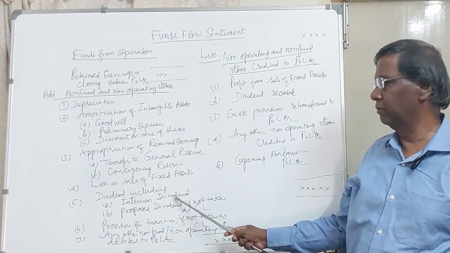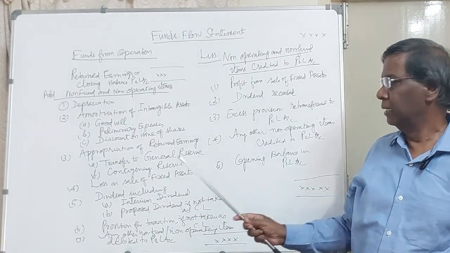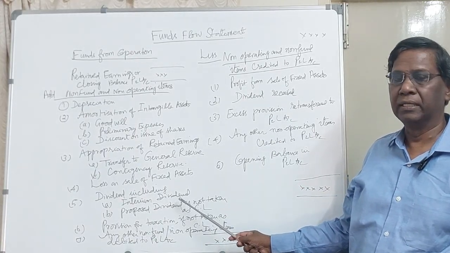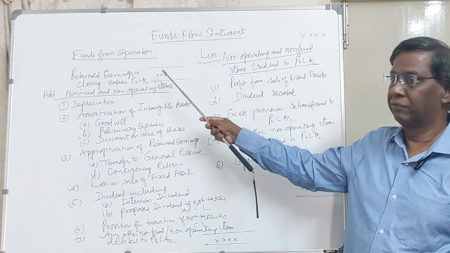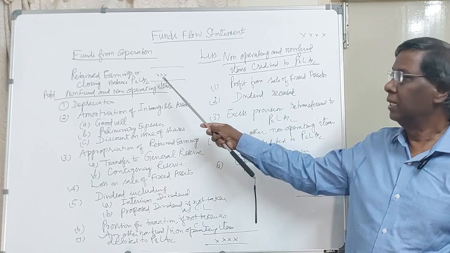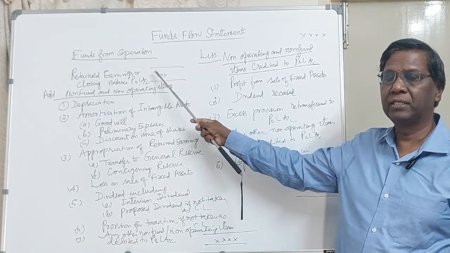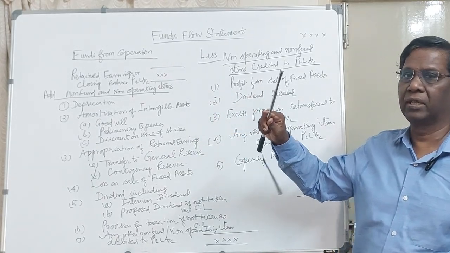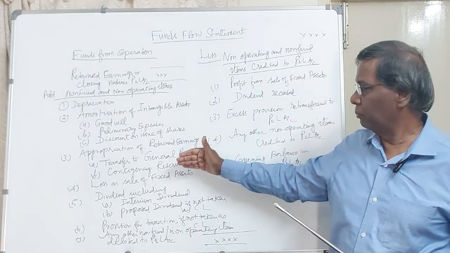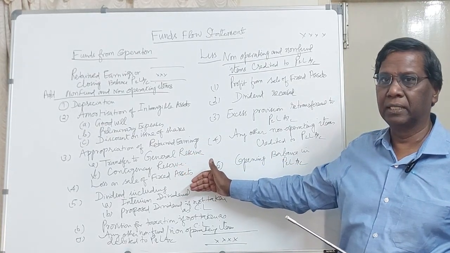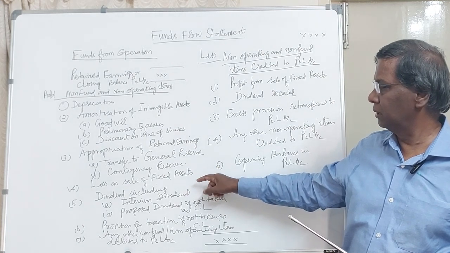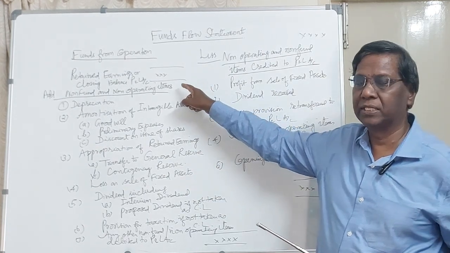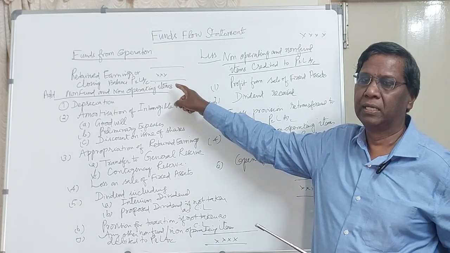Dividend, actually interim dividend. We have decided to pay interim dividend. In this case, what happens is we are adding back in this funds flow from operations because net profit is a long-term source. While the profit account has been debited with interim dividend, we have to find out the funds from the true net profit.